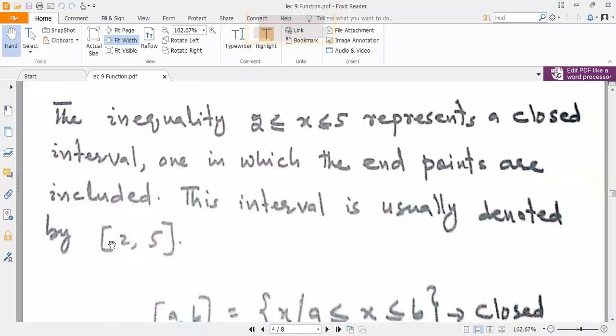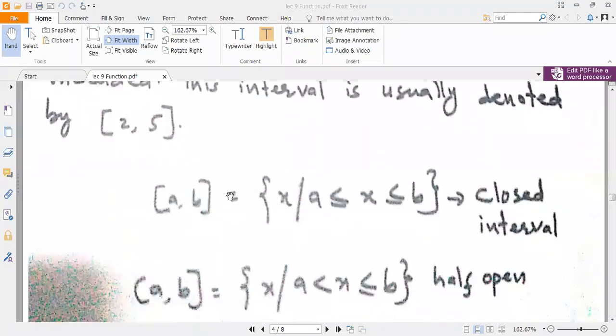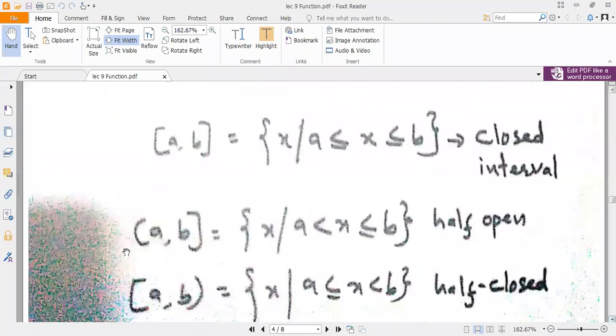If it is an open interval, then the ending points are not included. And mathematically you can see the closed interval is the set of all x such that a is less than or equal to x and x less than or equal to b. This is a closed interval.